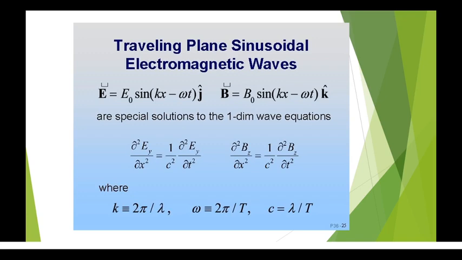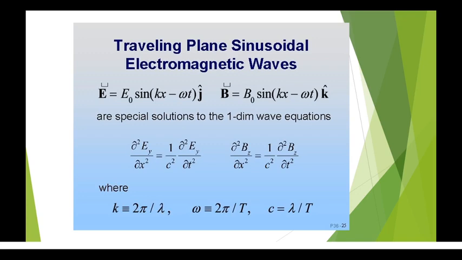So we can represent the components of electric field and magnetic field as E equal to E0 sin(kx − ωt) j cap, B is equal to B0 sin(kx − ωt) into k cap, where k is called the wave number defined by the relation 2π by λ, where λ is the wavelength of the electromagnetic wave.